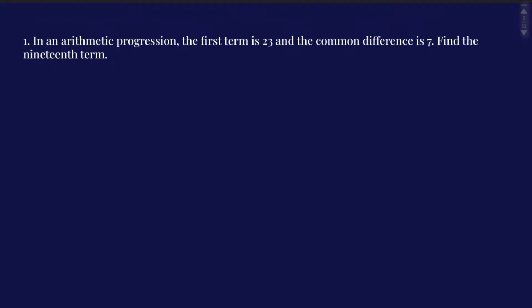Now let us solve a few questions related to AP. The first question: in an arithmetic progression, the first term is 23 and the common difference is 7. Find the 19th term. The first term A is 23, the common difference D is 7. The formula for the nth term is A plus (n minus 1)D.